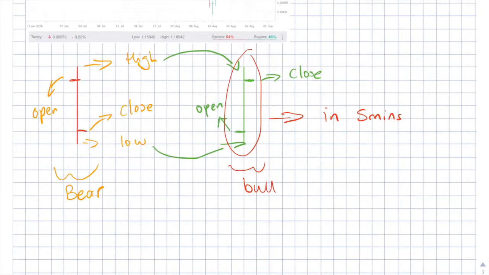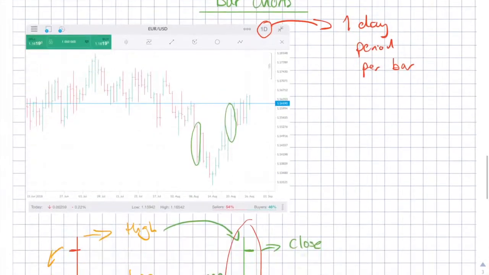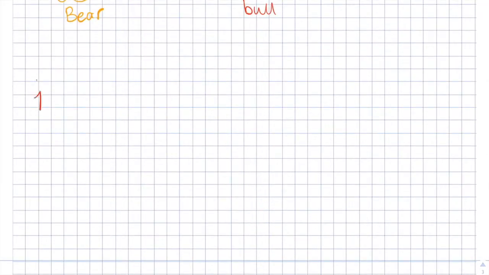So it can have different time periods, and I'm going to show you an example of a 1 day period, because the figure that I showed you initially was a 1 day period per bar. So let's say in 1 day, the day starts at 12 a.m. and the currency rate is at X. We don't know, but let's call it X. At 8 a.m., it decreases by 1, so it's X minus 1.